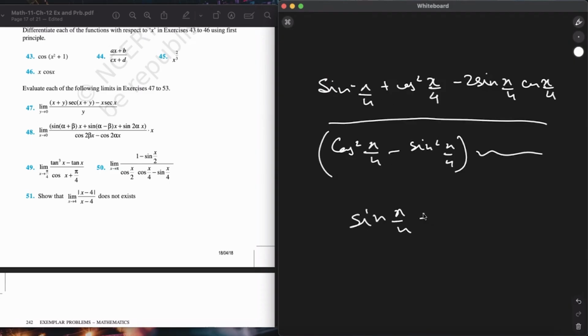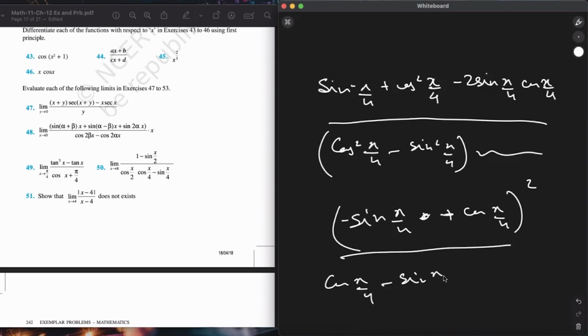Sin x by 4 minus cos x by 4 whole square. Or you can just turn it the other way around, plus and minus. And in denominator, what am I going to have? I'll be having a cos x by 4 minus sin x by 4 multiplied with cos x by 4 plus sin x by 4, and further.